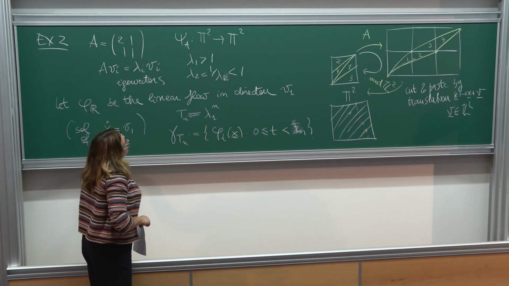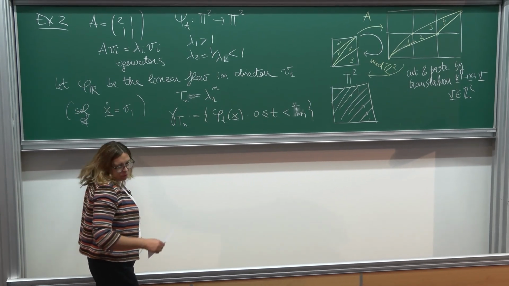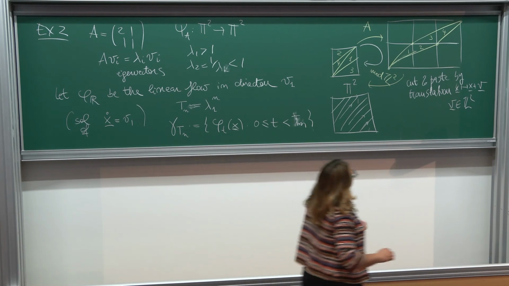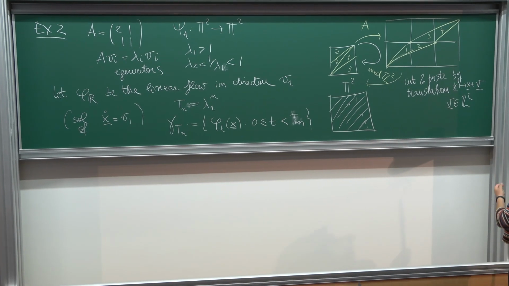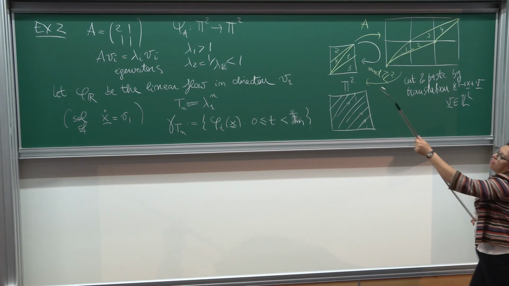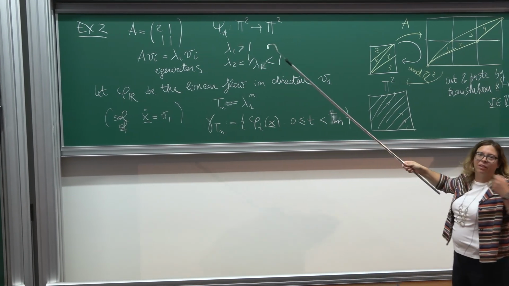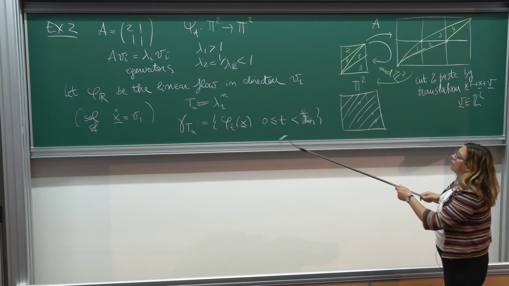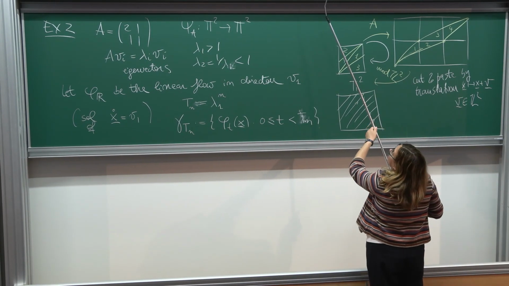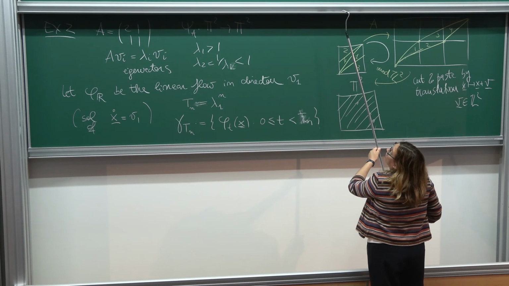So I want to say that if I apply the inverse of this diffeomorphism, C_A, the inverse will shrink this trajectory and bring it to a length 1 trajectory. Let's see.